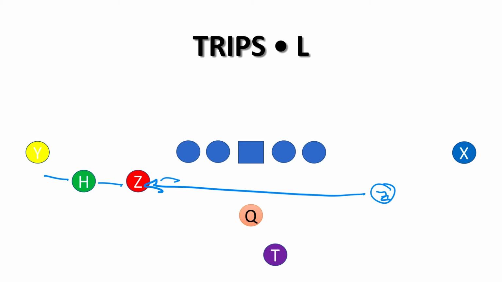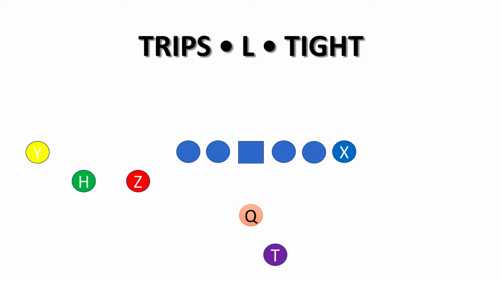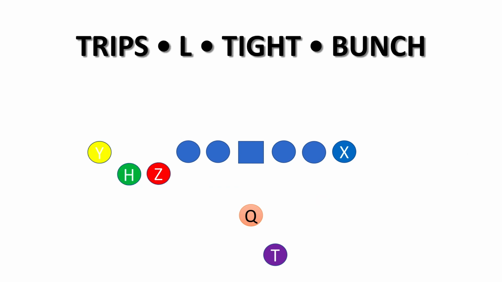And then we just got the same thing the other way. So trips left bunch. So there's your bunch out of trips left. Trips left tight, same thing. So your Z went over here from spread, and you have your tight tag. Trips left tight bunch.